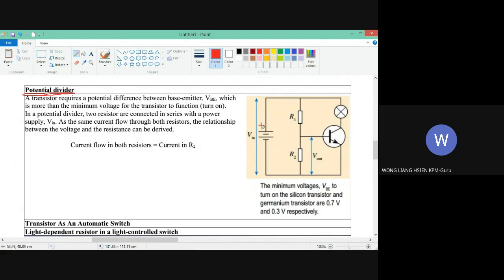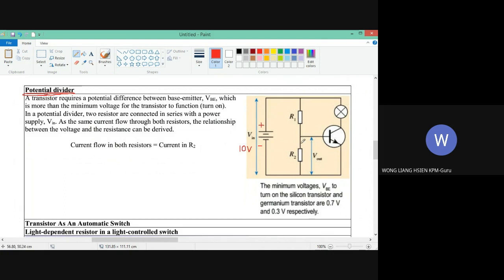You see here this is positive. Let's say this is 10 volt.